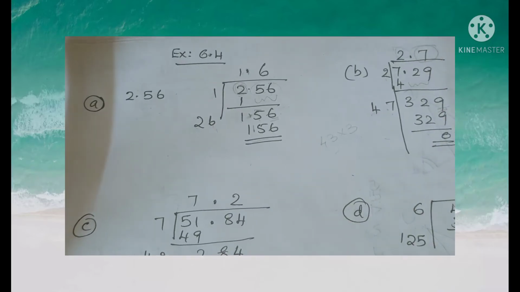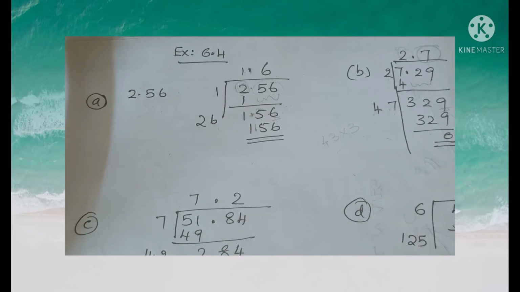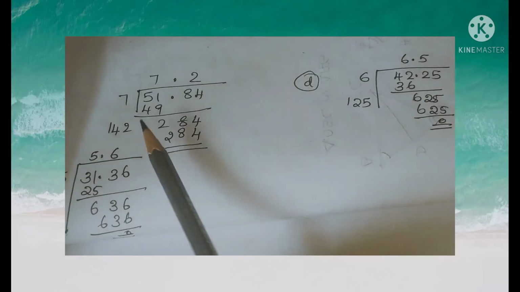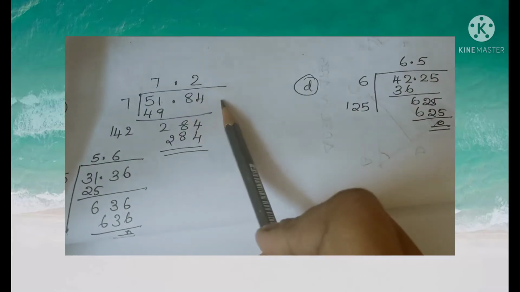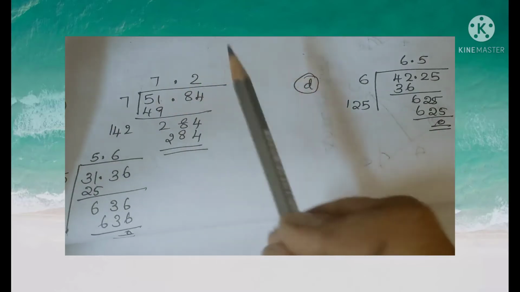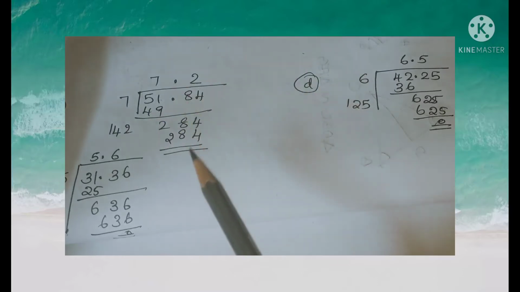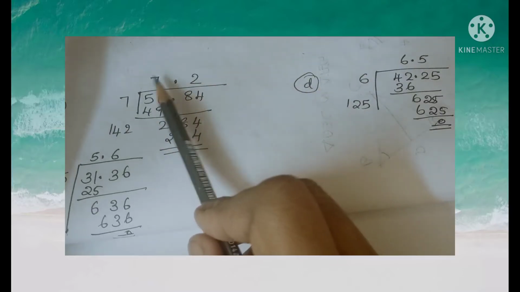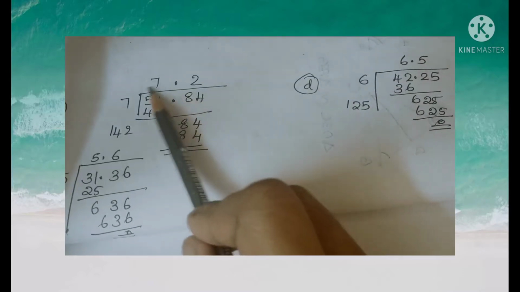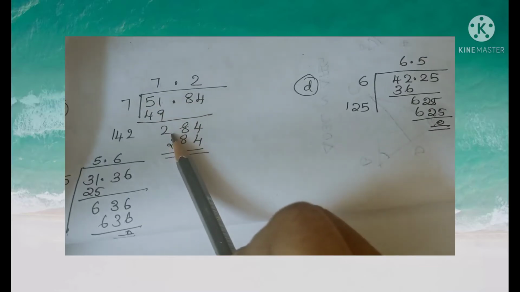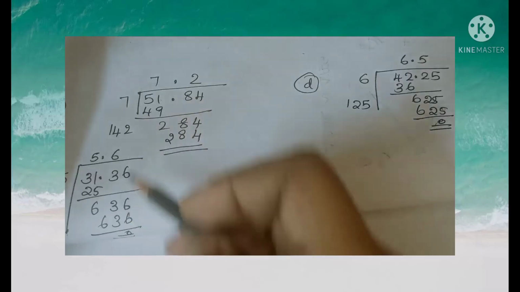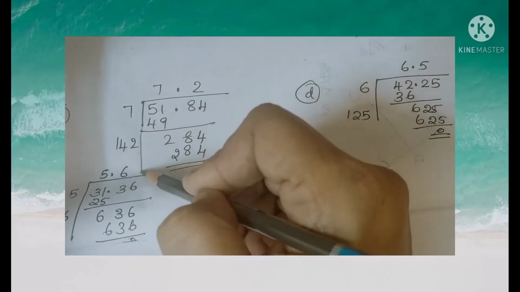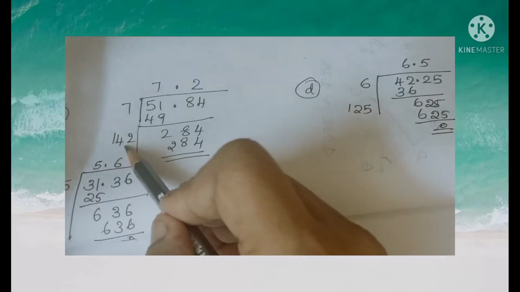The same way we can do 51.84. 51 in one group, 84 in another group. 51 lies between 49 and 64, so we write 7. 7 into 7, 49. After subtracting, we get 2. Write 84. Then the double of 7 is 14.